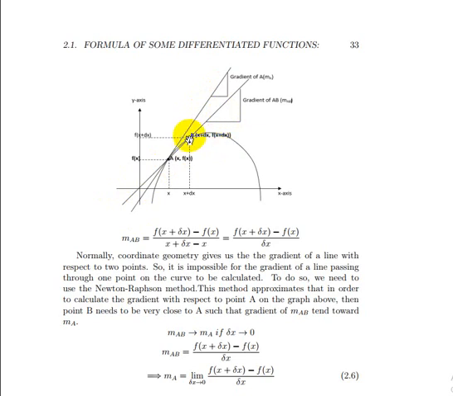If I shift point B slightly toward point A, the degree of steepness of the line AB is going to be slightly closer to the degree of steepness of the line at A. So this is what the Newton-Raphson method says.